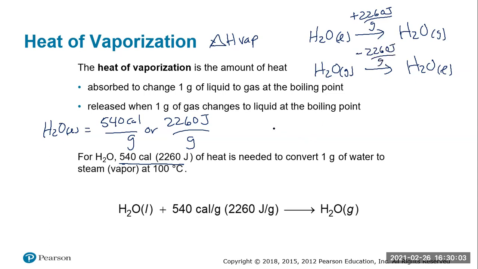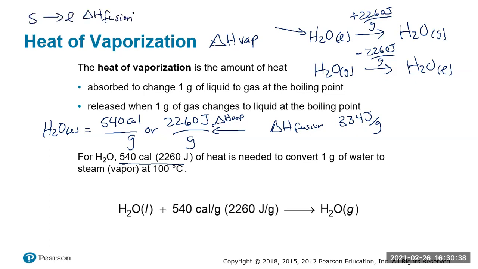One note while we're talking about that number: if you compare the delta H of fusion for water, which if you remember was 334 joules per gram, versus the delta H of vaporization for water, which is 2,260 joules per gram, it takes a tremendous amount more energy to do the transition from liquid to gas than from solid to liquid, which is our heat of fusion.